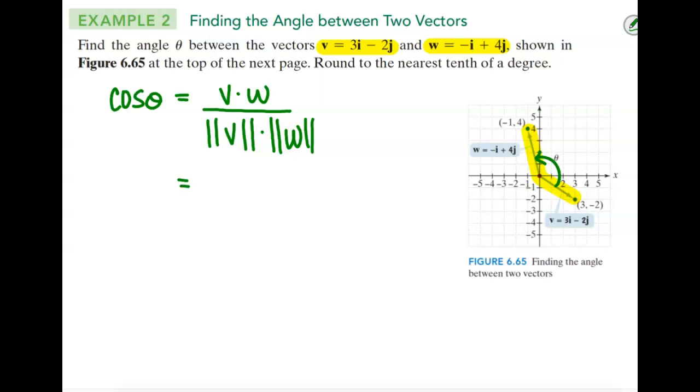We're going to first do the dot product. If you remember, you multiply the a's together, so a sub 1 and a sub 2, so 3 times negative 1, plus the b's together. So here's b sub 1, here's b sub 2.